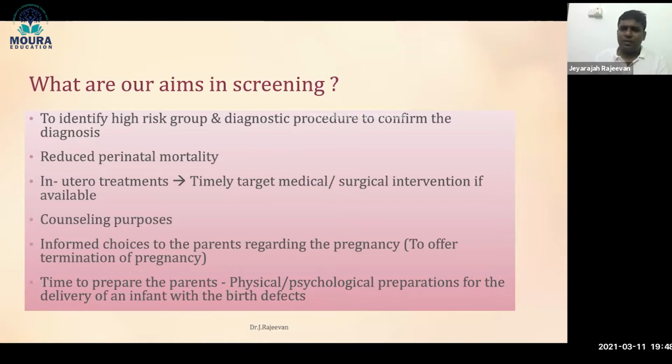Then they can try with donor IUI or egg donation, whatever. Do you understand? So you can do some counseling, or sometimes you can terminate the pregnancy. And you have time to prepare the mother physically for termination or maybe for the delivery. So those are the advantages of screening.